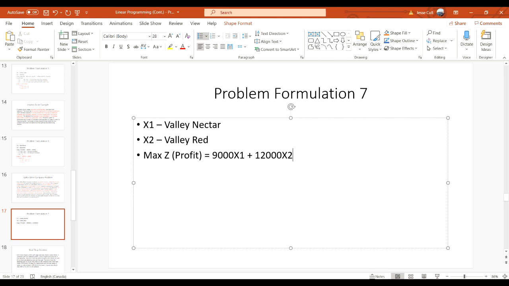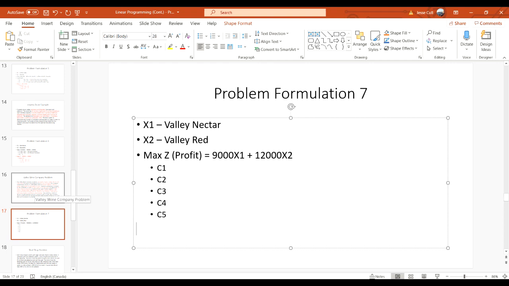Very simply. We also know that we have not 1 or 2, but 5 constraints. So C1, C2, C3, C4, C5. So what we've done is we're beginning to formulate the problem, but already we know there's going to be 5 constraints.